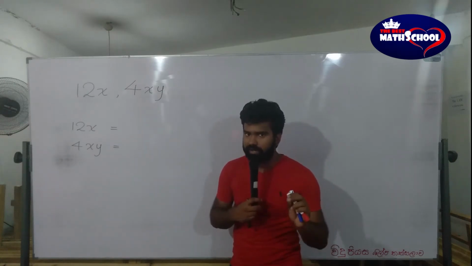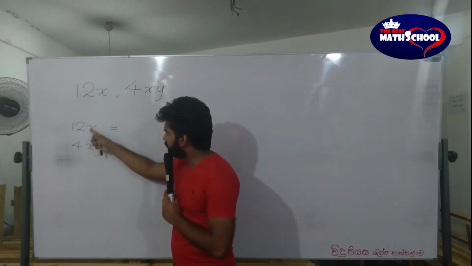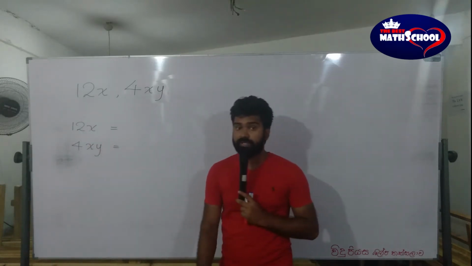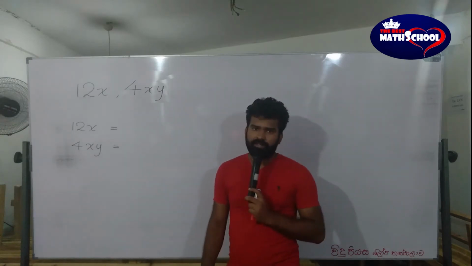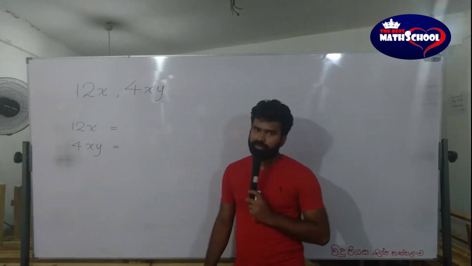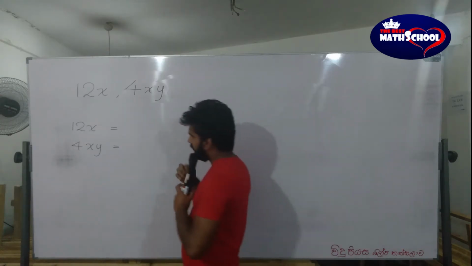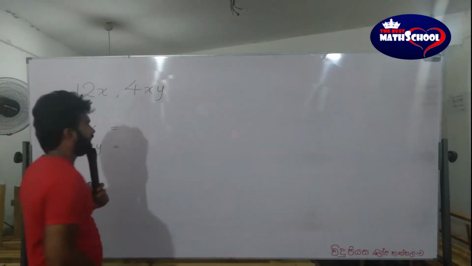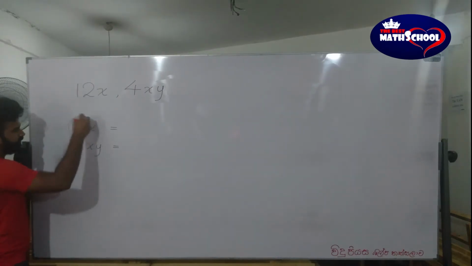Now here we can see algebraic terms x, y, that means unknown constants are there. So when we are taking these things, we should write this using those also. So first of all, take the given number, that means only the coefficient, right? You take only this 12.